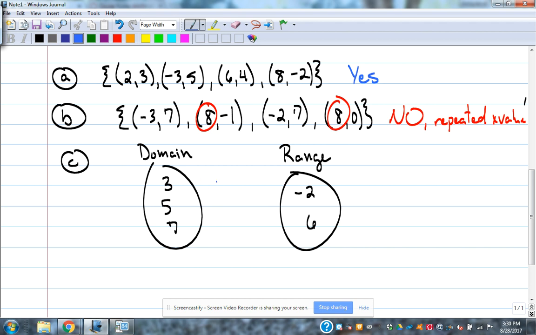It's pretty boring, but 3 goes to 6, 5 goes to -2, and let's throw the 7 to the 6 as well. And what that really does create is a set of ordered pairs, but it's not represented as a set of ordered pairs. And the question still remains, is that a function? It would be, the domain bubble represents which values, x or y? X values. So none of them are repeated. So this would be a function. So this is a yes.